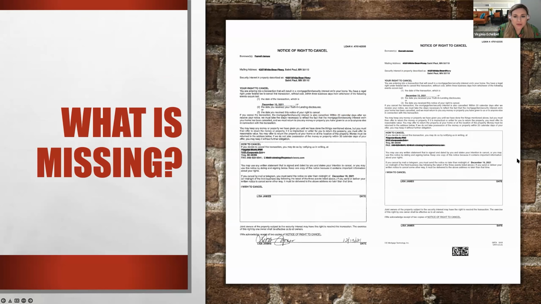Okay, next up, this is a right to cancel. What is missing? Like those pictures where there's two pictures and you're supposed to identify what's missing in them. This is a real life sample of what's missing on these docs. We have the signed copy to the left, and we have what was on the PDF to the right.